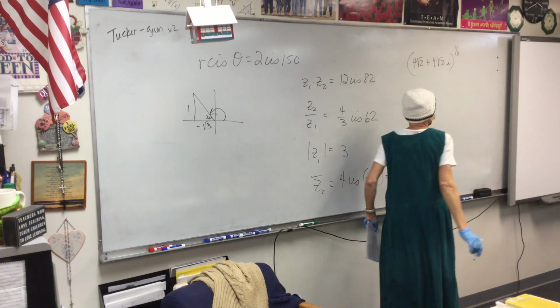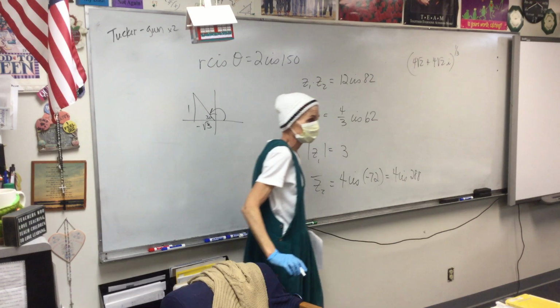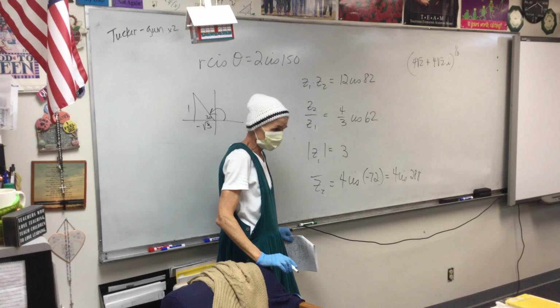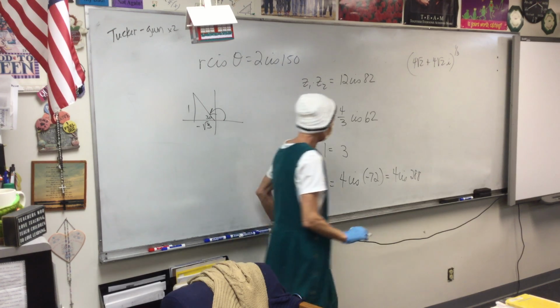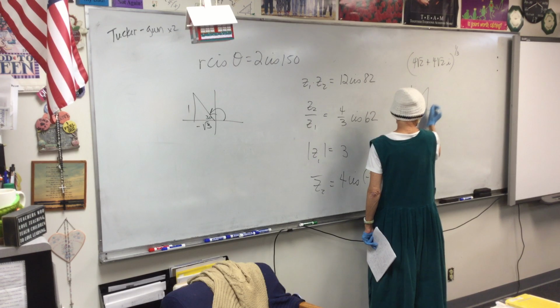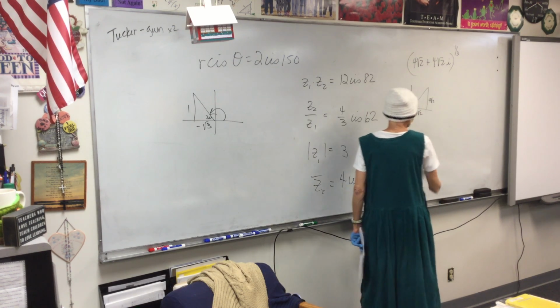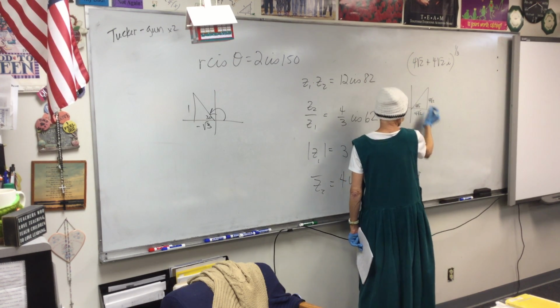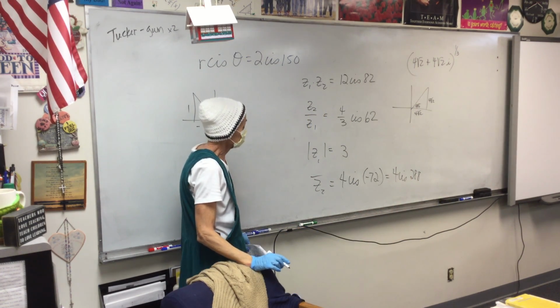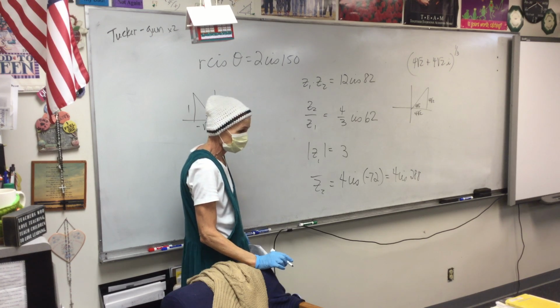So we want to put it in polar form, which means we need to find what? R and theta. So we do that by drawing a picture, right? You can tell that's a 45. R would be 8.